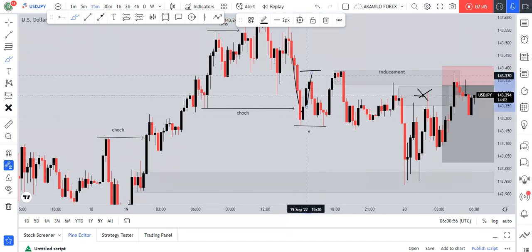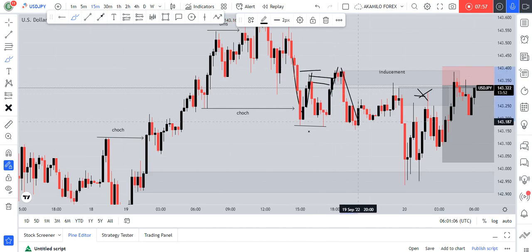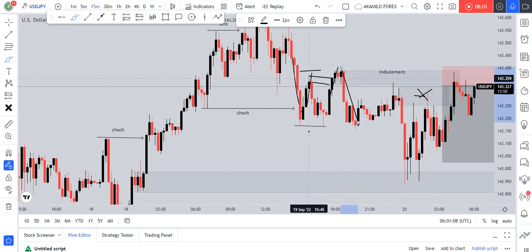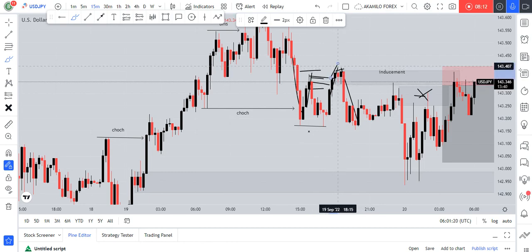Traders will be taking positions at this level. You can see this move has grabbed them and then moved in their favor. Here they will be taking this as their order block. They'll be going in for short positions, and then this move will take them out, use their stops as liquidity, and move in its direction. So this is an inducement.